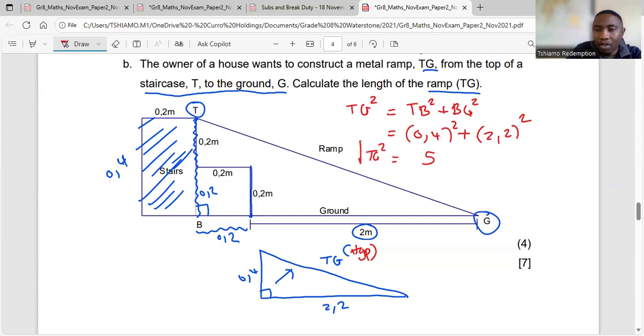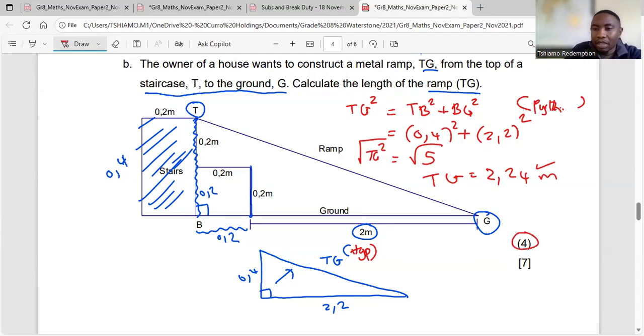So what do we do here? Square root. Don't forget to square root. And then write the reason for your answer. Pythagoras. If you just say Pythagoras, it's fine. TG is square root of 5, which is 2.24. You get your answer there. And then the units is meters.